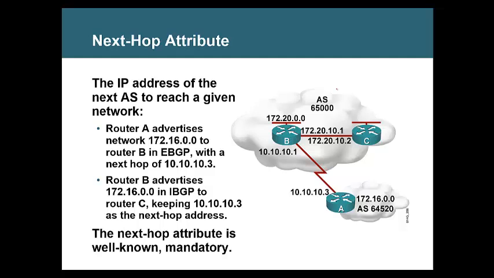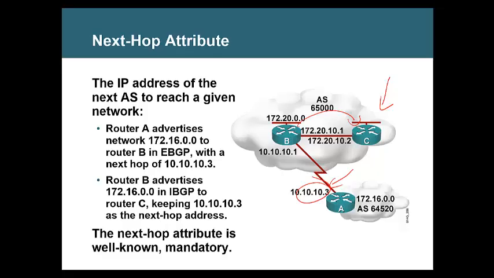Next is the next hop attribute. As we all know, the eBGP address is carried into iBGP. So when router C receives it, the next hop is going to be 10.10.10.3. The next hop address is always the address of the next autonomous system.